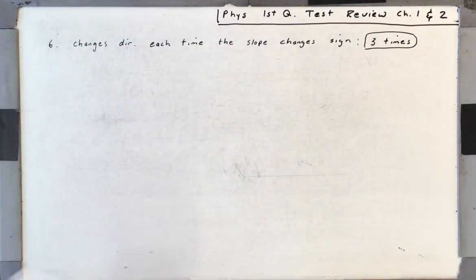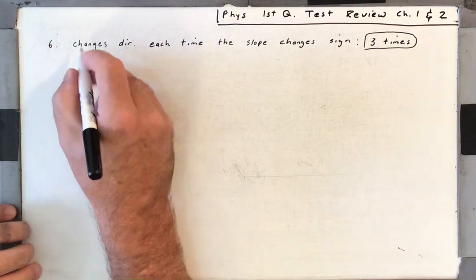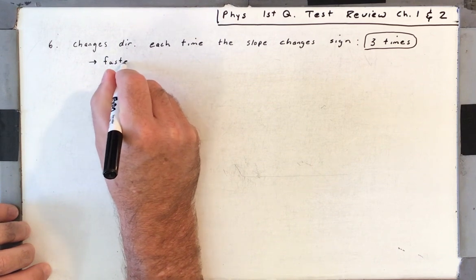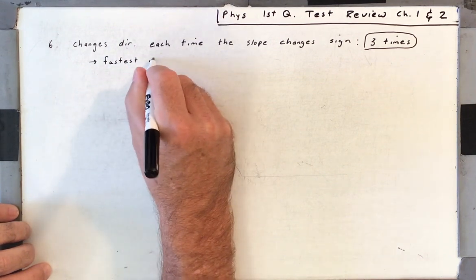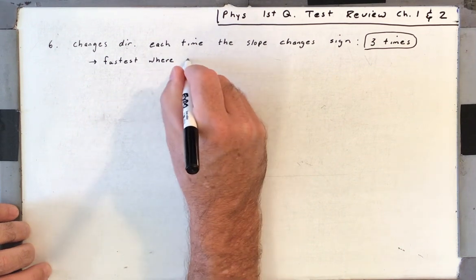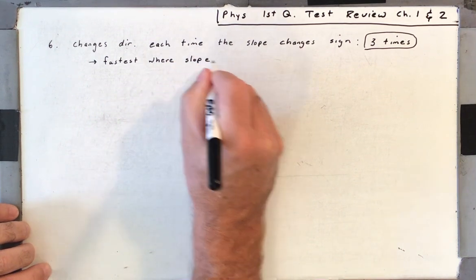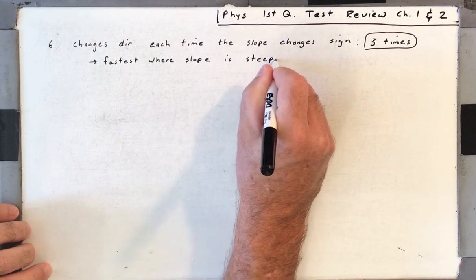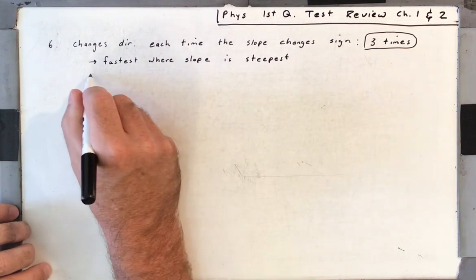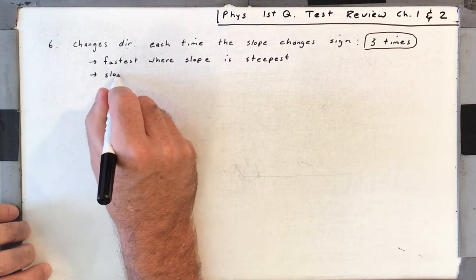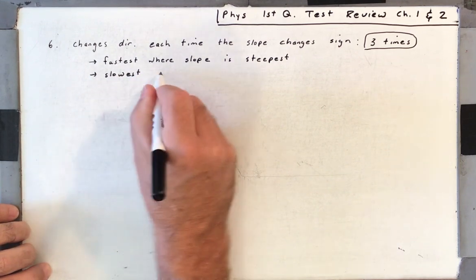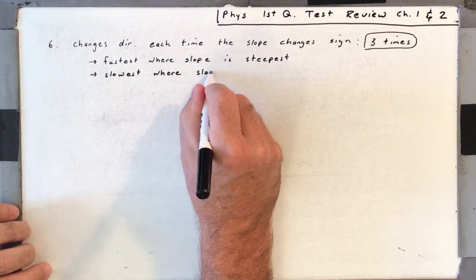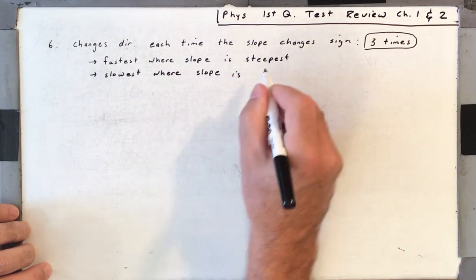All right, so just make a note: fastest where slope is steepest, slowest where slope is flat.